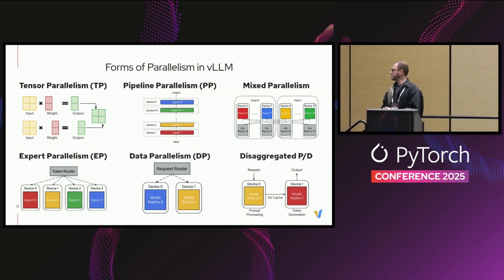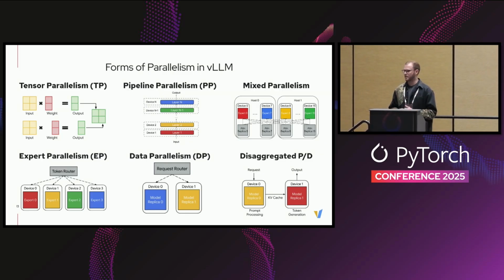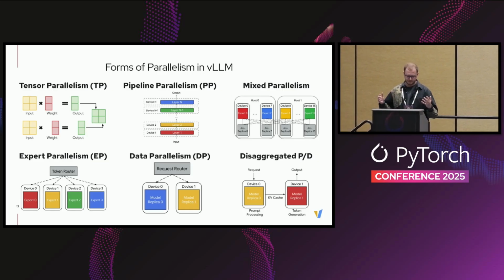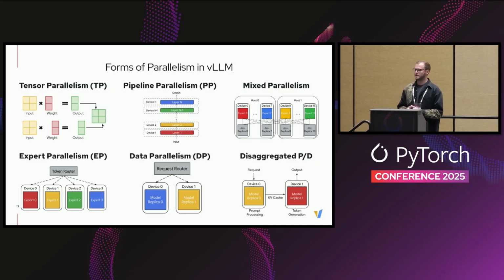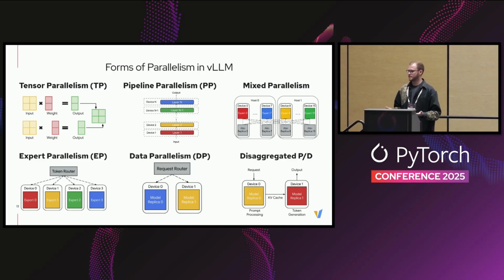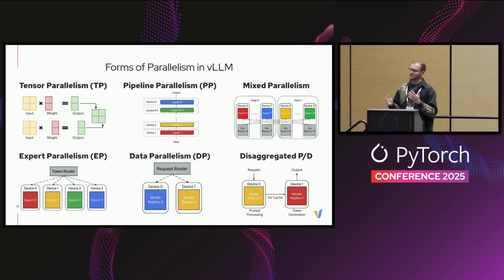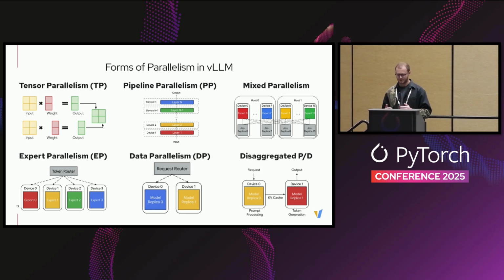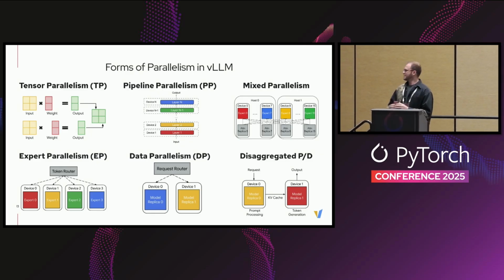Next, we only talked about things for running vLLM on a single node so far, or a single device, actually. But there's many different types of parallelism and sharding that you want to split up your model in a variety of different ways, depending on your interconnects between your accelerators, so you can efficiently serve models that aren't going to efficiently fit on a single GPU. So I'm not going to explain these.